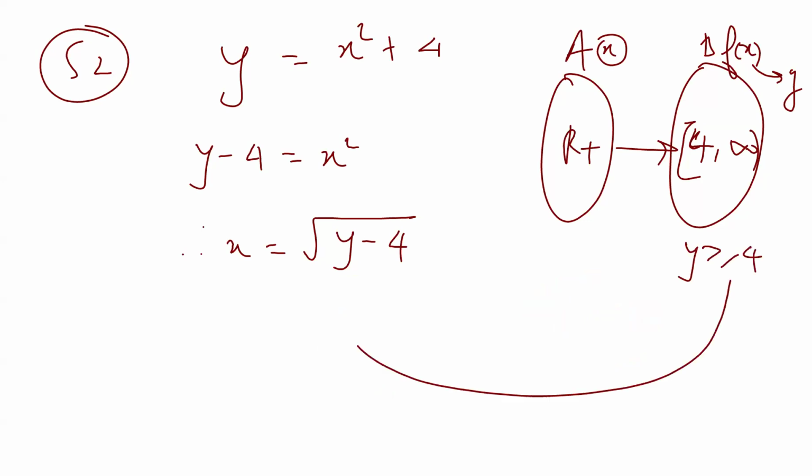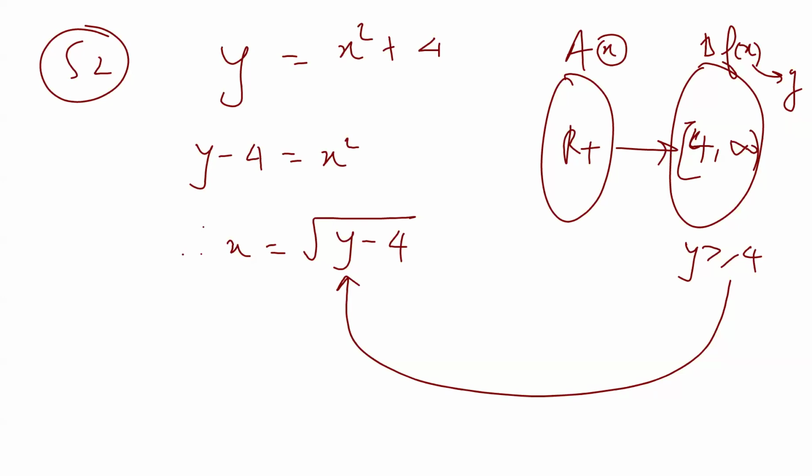So you put any y value greater than or equal to 4, the square root of it will give you a real number only. And we have to consider only positive reals because they are defining the values of x as positive reals.